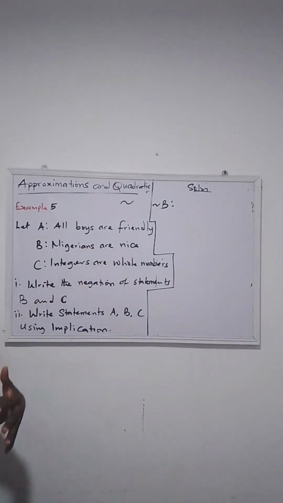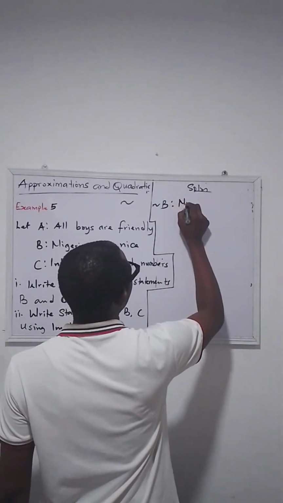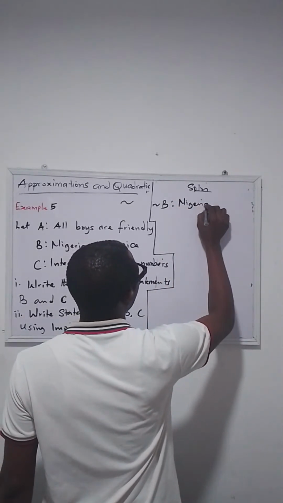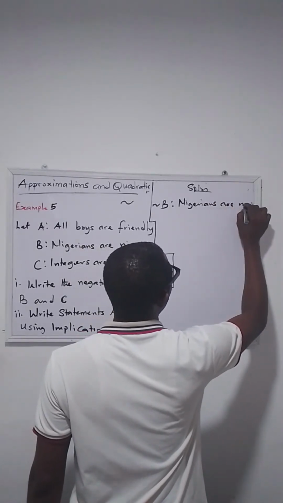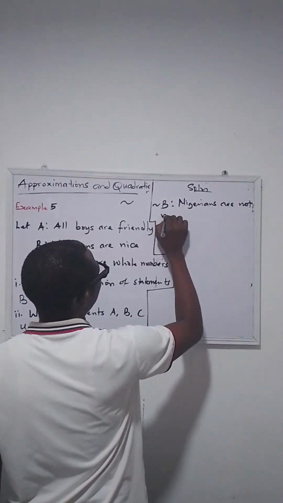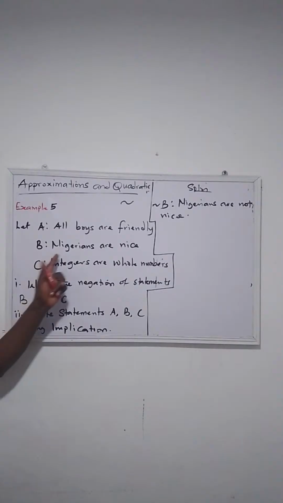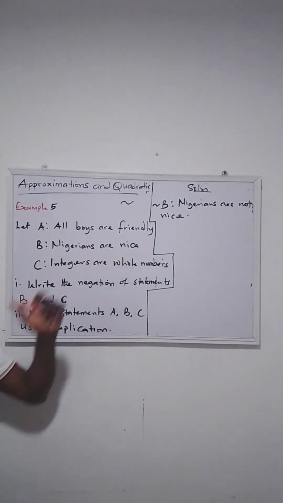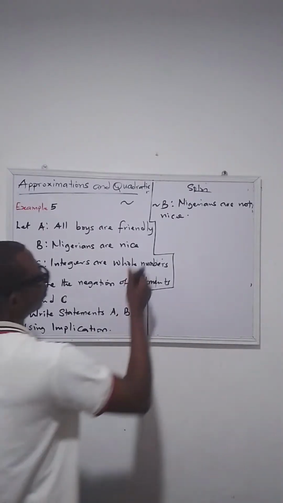The negation, that is the opposite of it, is what? Nigerians are not nice. That's the opposite of it. It is false that Nigerians are nice. That is the negation.